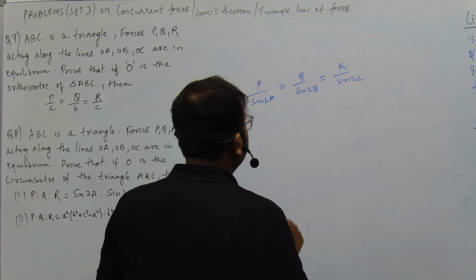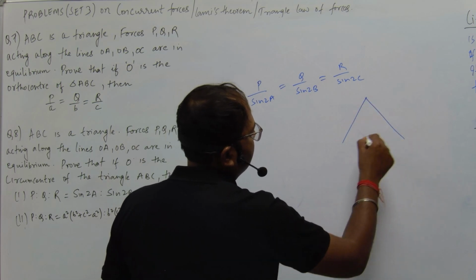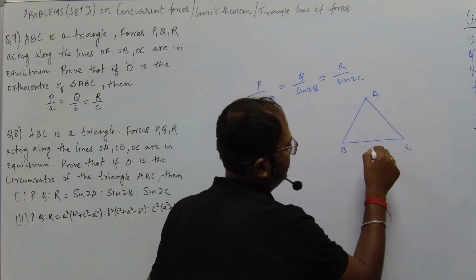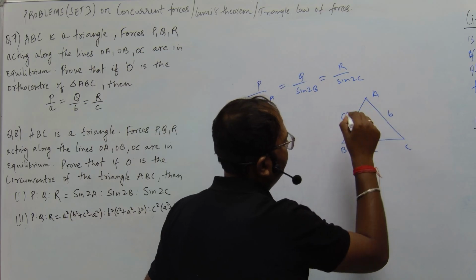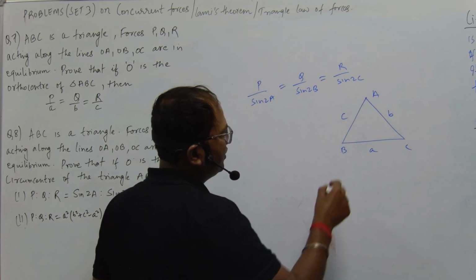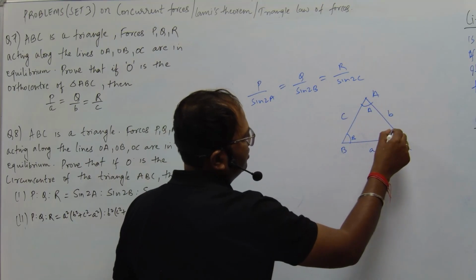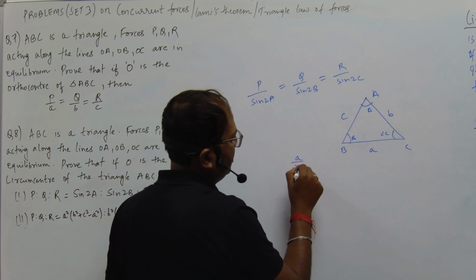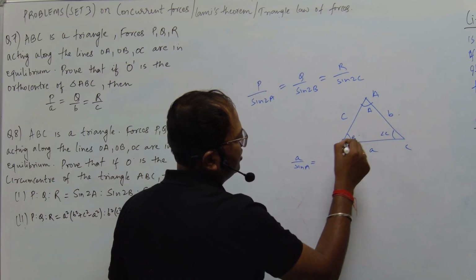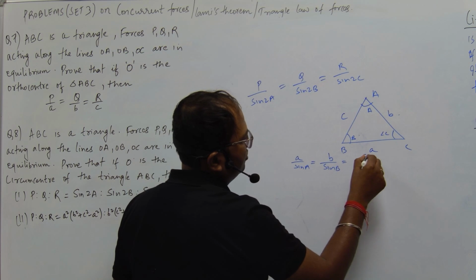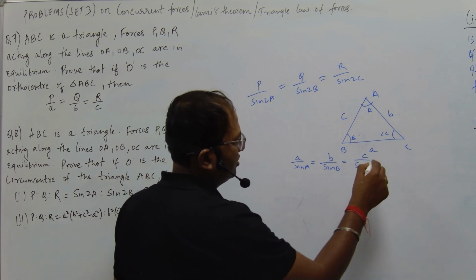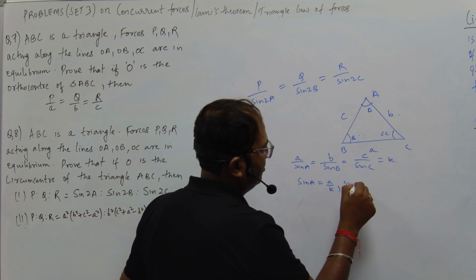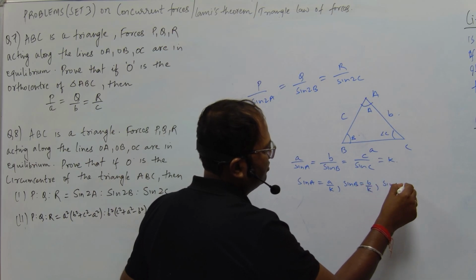From the sine rule, consider triangle ABC with sides BC as a, CA as b, and AB as c, and angles A, B, and C. From the sine rule, a upon sine A is equal to b upon sine B is equal to c upon sine C. Let us consider this as K. So sine A is equal to a upon K, sine B is equal to b upon K, and sine C is equal to c upon K.